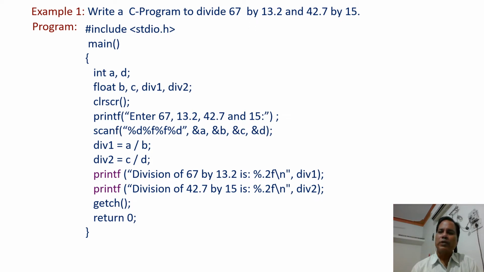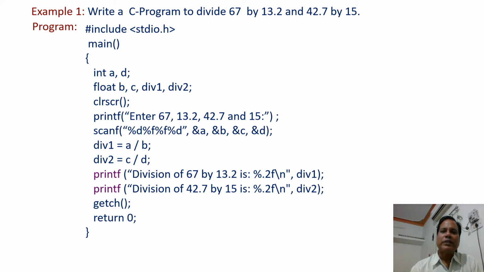As usual, the first statement we write is hash include standard input output dot h. This file is included to help with input output functions, because in this file the input output functions are defined and declared, and that is needed in our code.